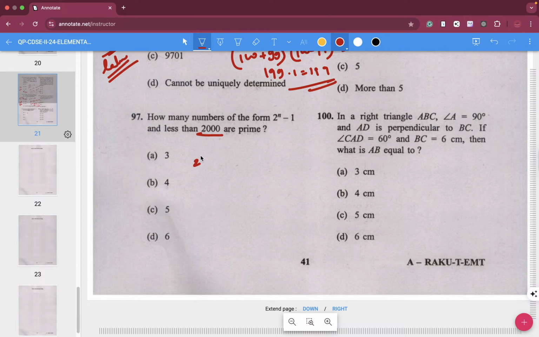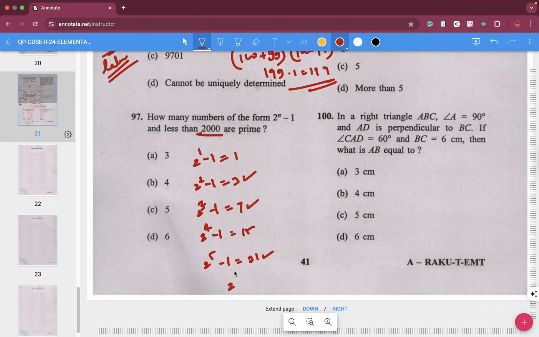So list that down. 2 raised to the power 1 minus 1 is 1 only. 2 square minus 1 is 3, which is a prime number. 2 cube minus 1 is 7, which is a prime number. 2 raised to the power 4 minus 1, 16 minus 1, 15 is not a prime number. 32 minus 1, 31 is a prime number. 64 minus 1, 63 is not a prime number.